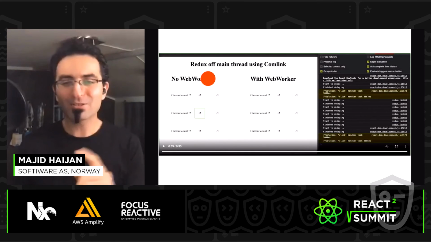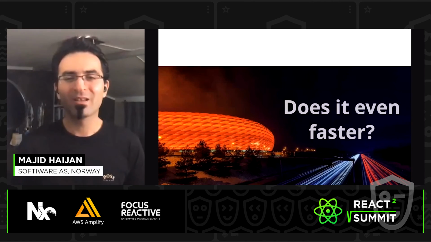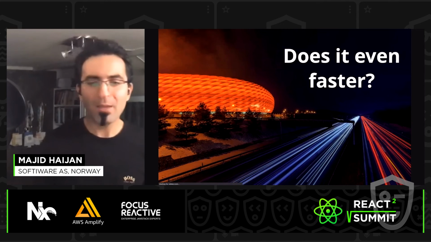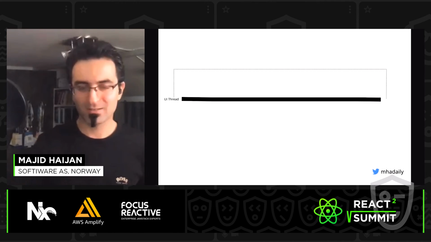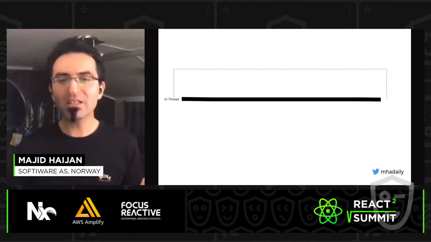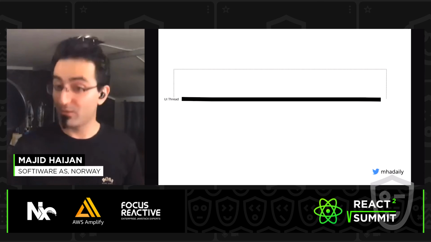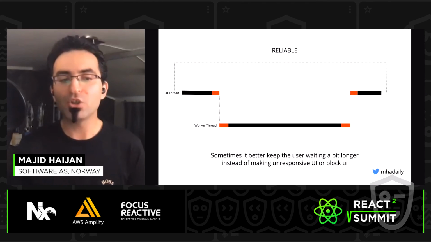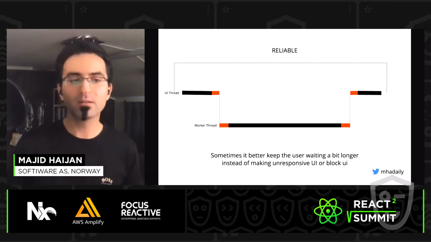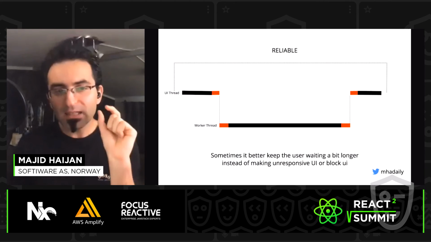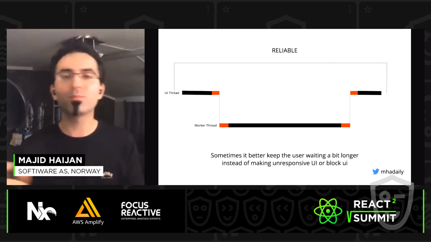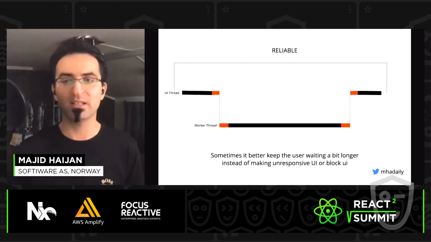But you may ask right away a question. Is it even faster? Well, let's have a look at that. If you have this UI thread, let's say main thread in our example, and you are spawning a new worker thread, you're actually adding a little bit of overhead here for instantiation, opening, post messaging system, and things like that.